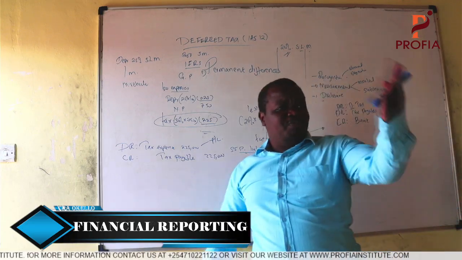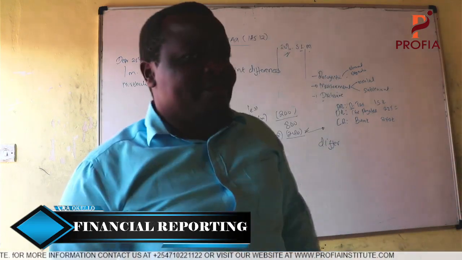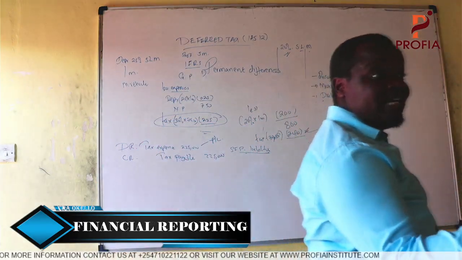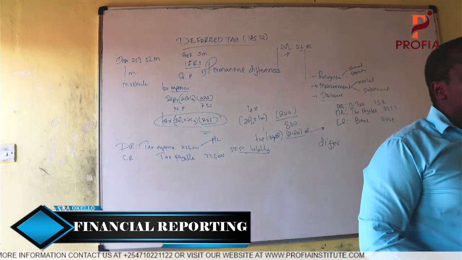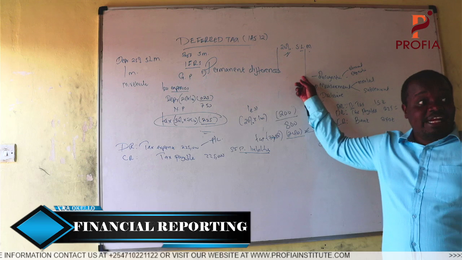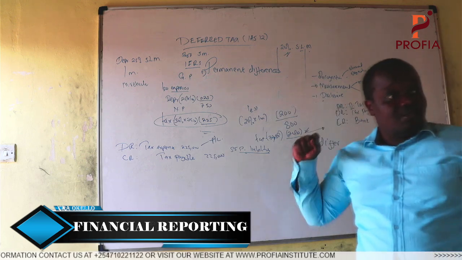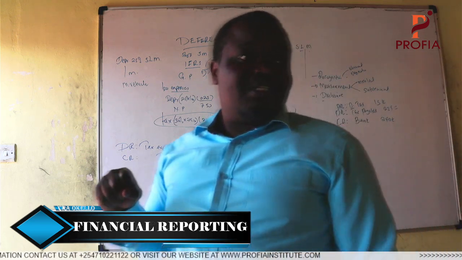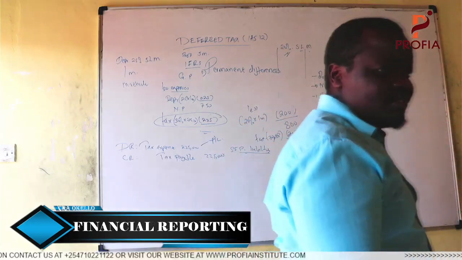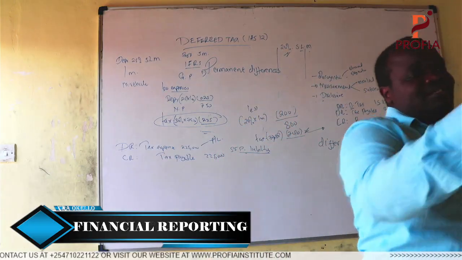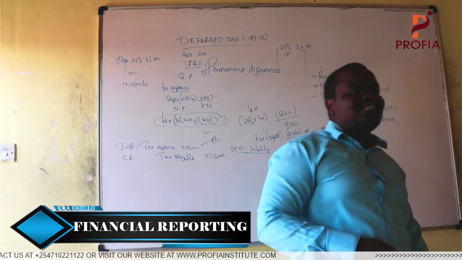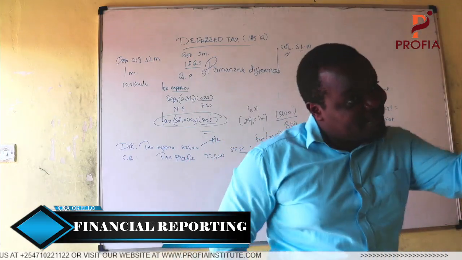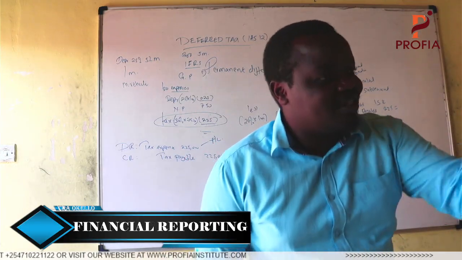Something else is profit from disposal of PPE. IFRS recognizes profit from disposal, but KRA does not recognize profit from disposal of PPE. Something else is donations. If you donate to a charitable organization, it is allowed. KRA tells you, how do I know that person is a charitable organization?